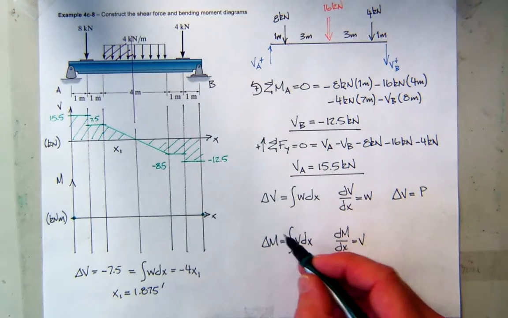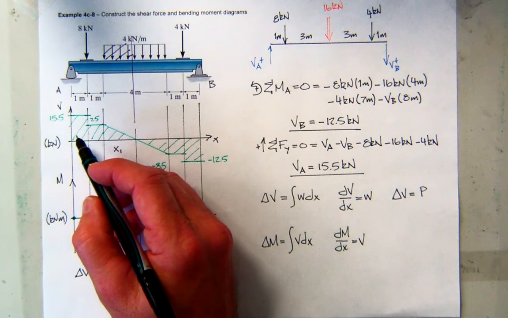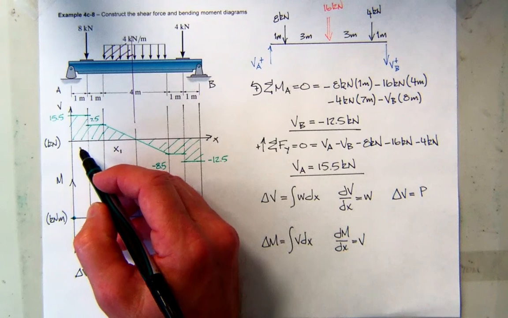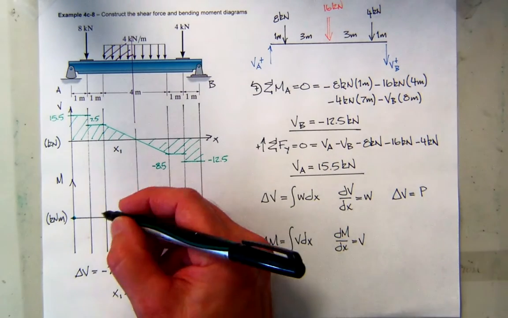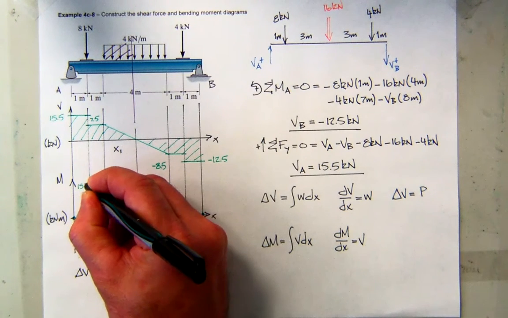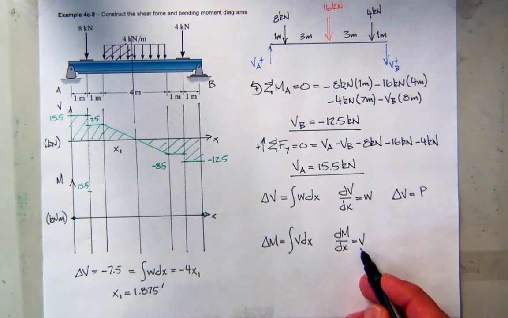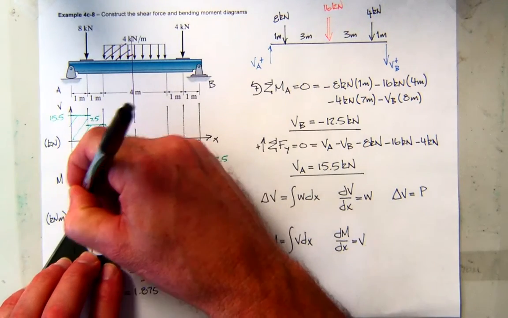So what is the change in moment over the first little bit of area here? Well, it's a rectangle, base of 1 meter, height of 15. So I should get to 15.5. And the slope is given by the shear. The shear is constant and positive.